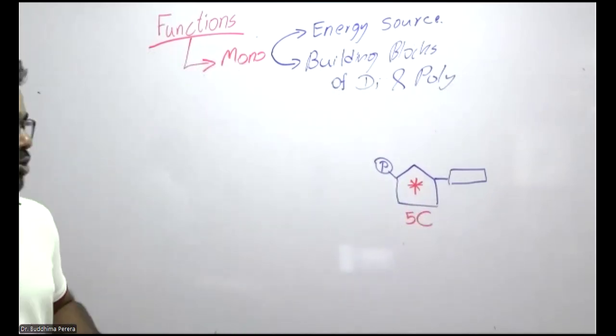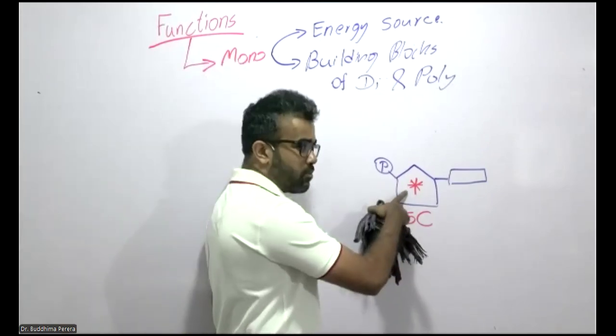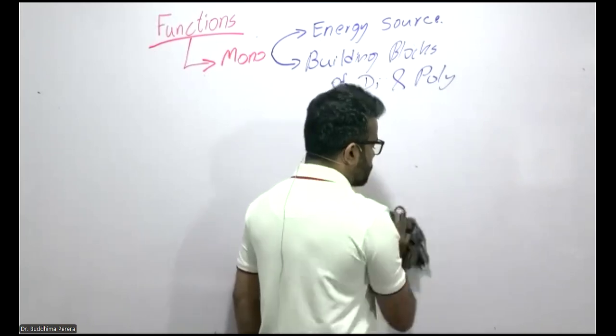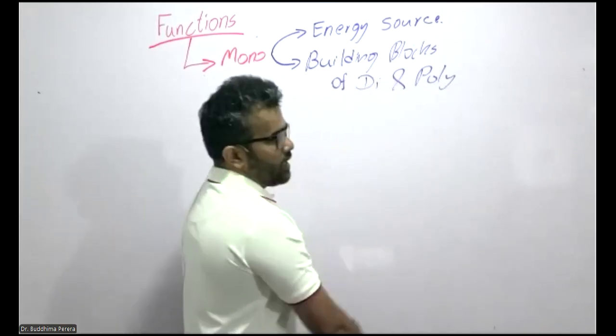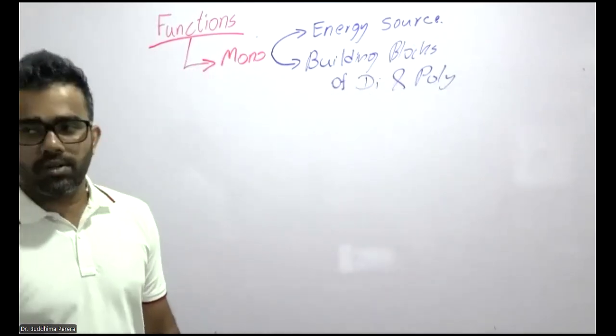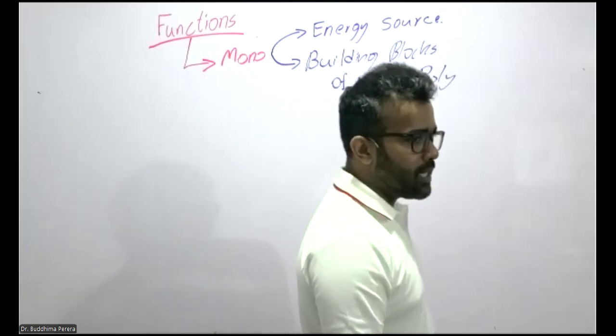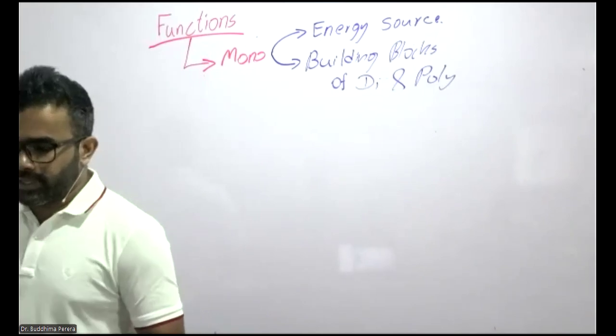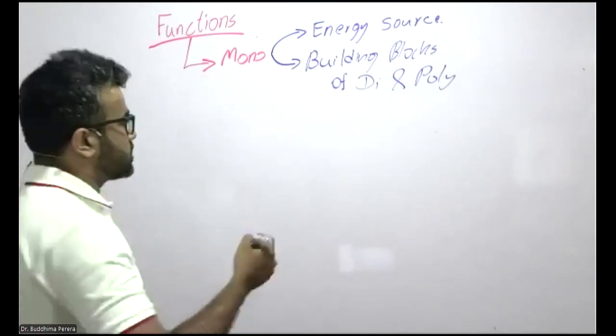It is ribose or deoxyribose. We'll discuss it later. Anyway, you have to remember that it's a pentose. Pentose means it's a monosaccharide. So monosaccharides are components of nucleotides.